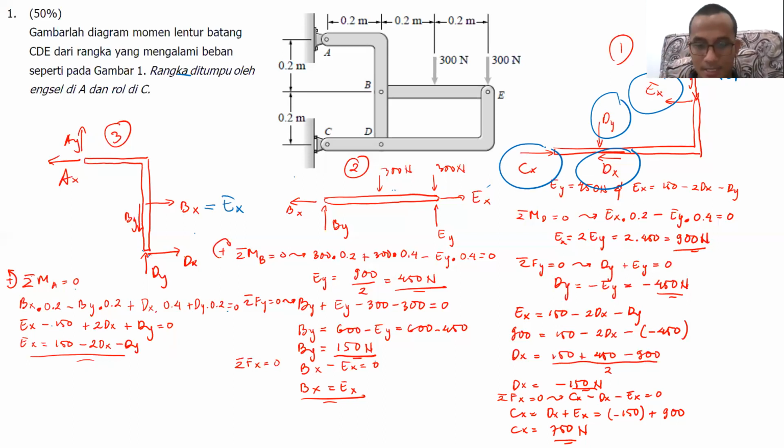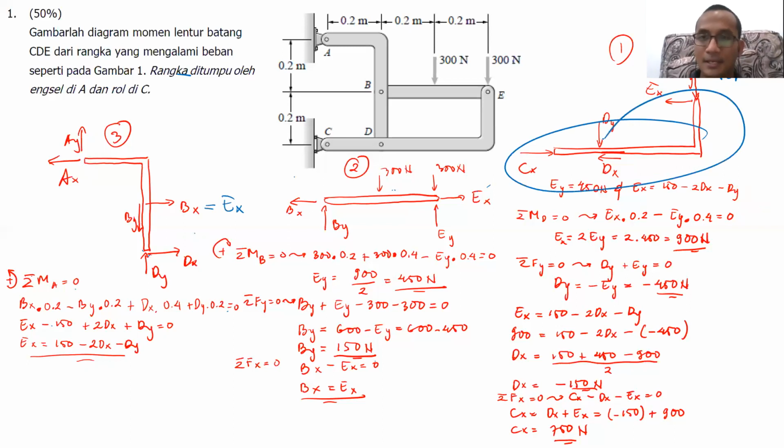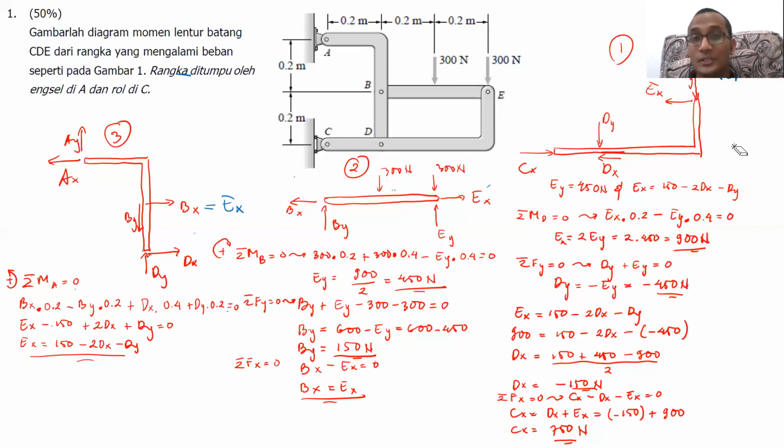But remember, from the combination between the second and third free body diagram, we get an additional equation, Ex equals 150 minus 2 Dx minus Dy. So in total, we have 4 unknowns, and we have 4 equations as well. So we can solve it.